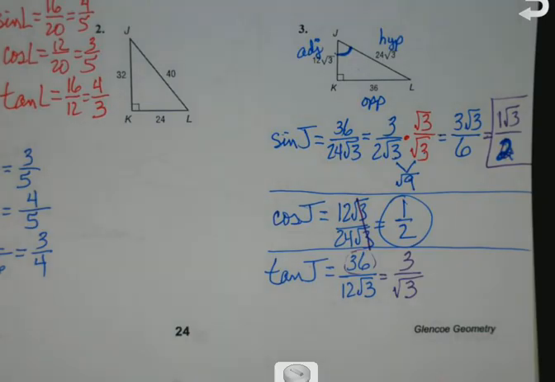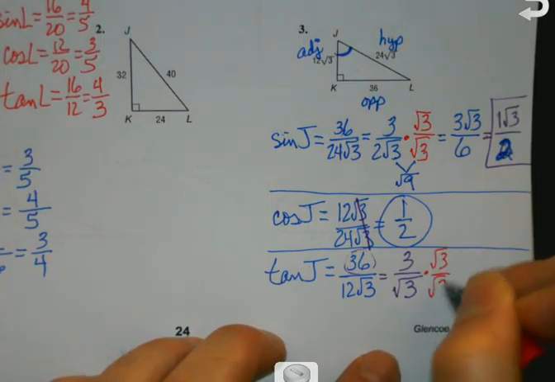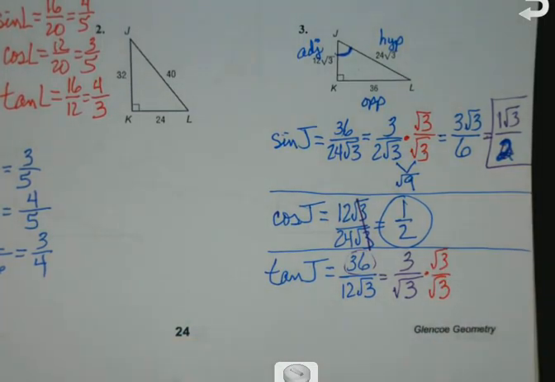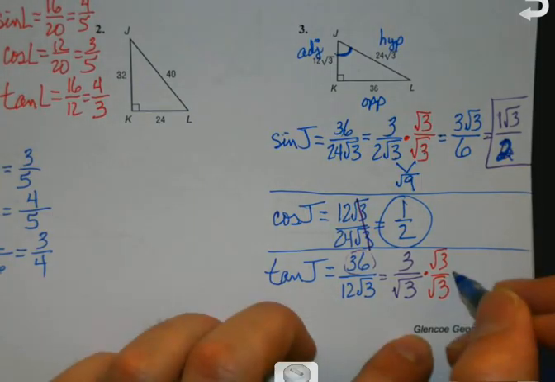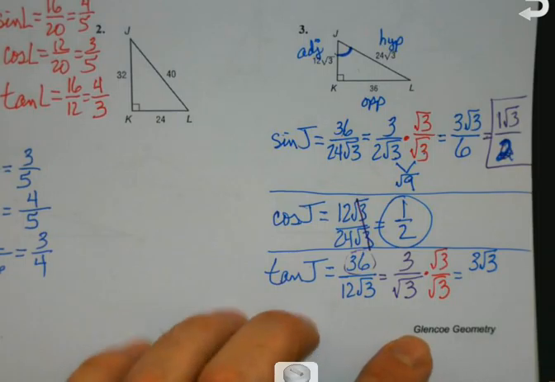So now, similar back to our sine of j, I can use that square root of 3 to rationalize. So I've got 3 square root of 3.